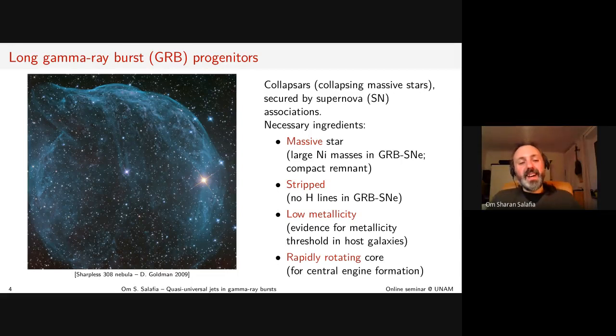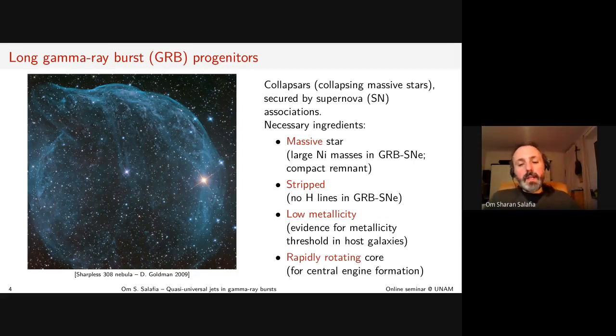And the host galaxies of these sources are found to be preferentially low metallicity galaxies, young galaxies, often irregular, blue, star-forming galaxies, which is also consistent with the massive star progenitor. And there is evidence for a threshold in metallicity, above which we don't have any long gamma ray burst.